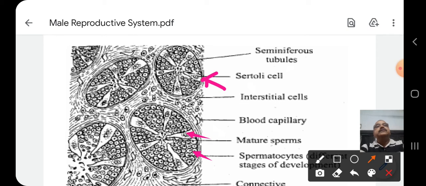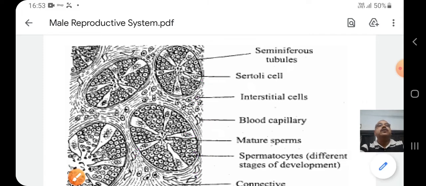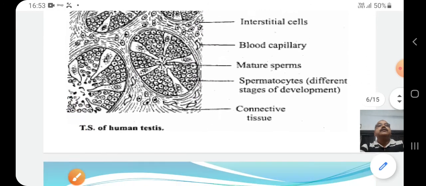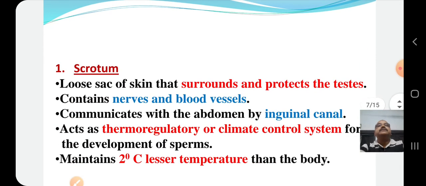There are Sertoli cells, and these Sertoli cells are nutritive cells. In between the tubules there are blood capillaries, connective tissues, and interstitial cells or cells of Leydig, which produce androgen, the male sex hormone.